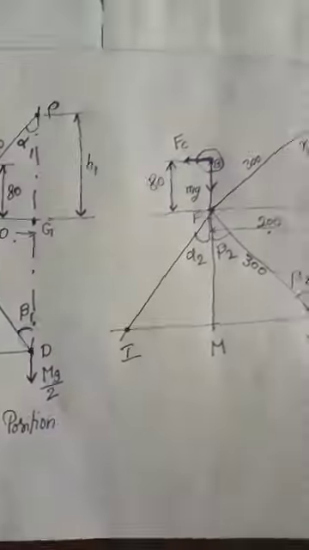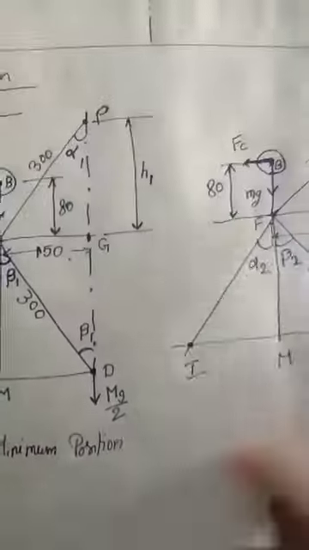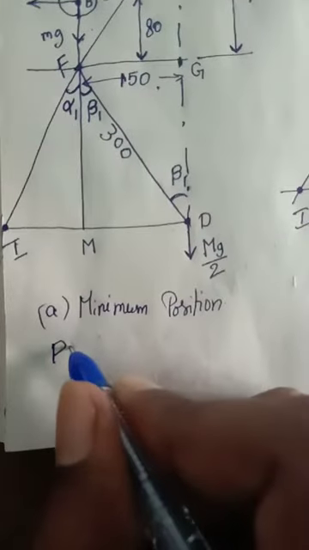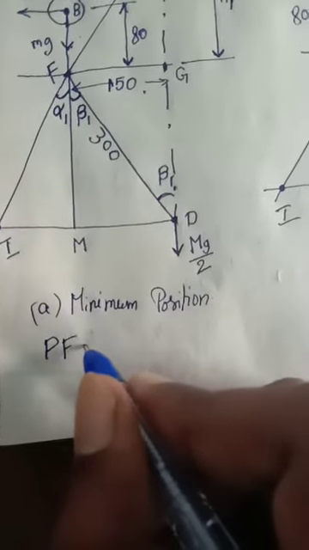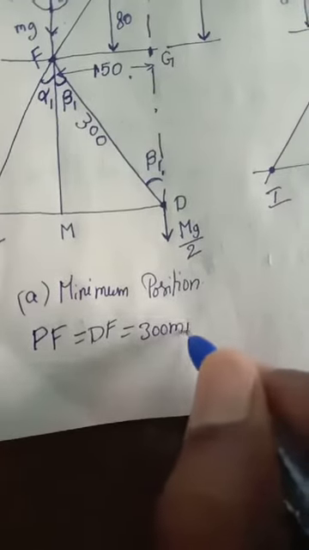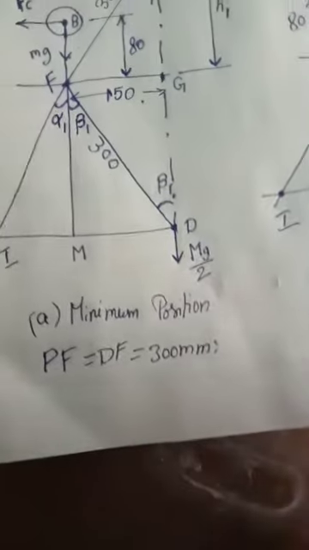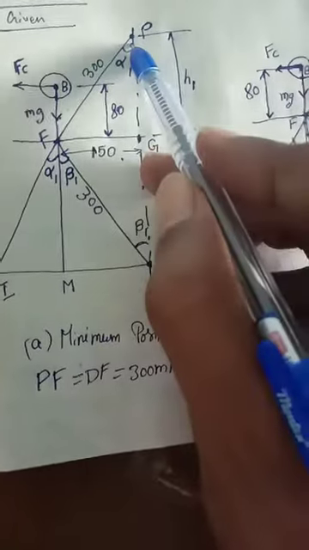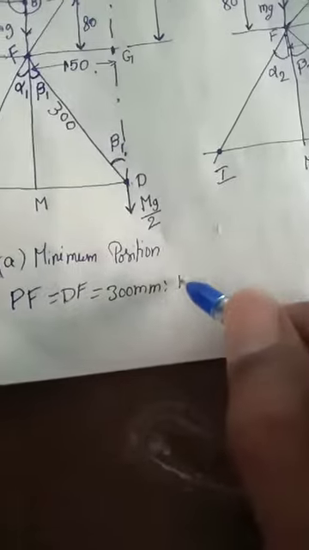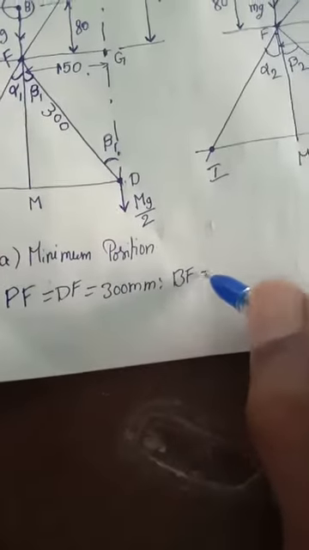Now I'm going to write all the data here. Pf is equal to Df, which is equal to 300 mm. Look at this, Pf and Df are equal, both are 300 mm, and then Bf is equal to 80 mm, that's the height.